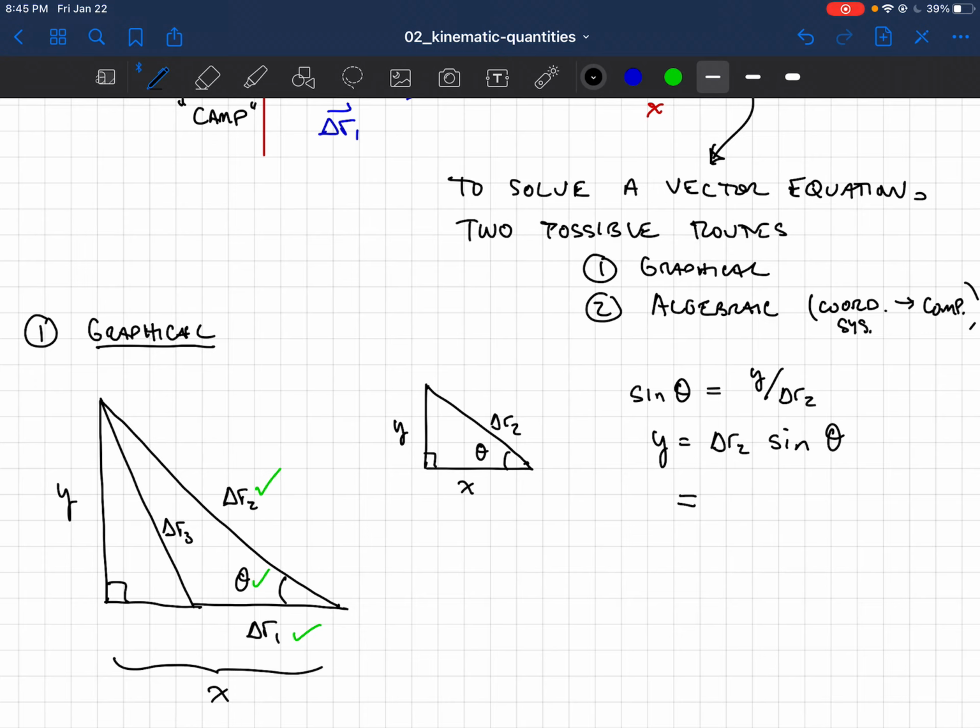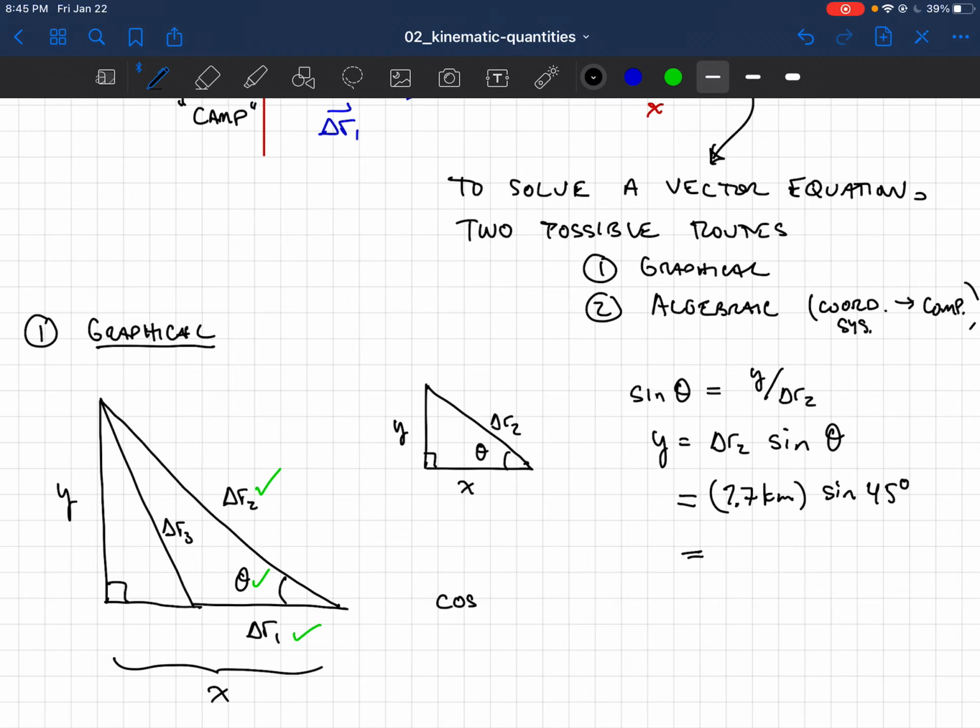So delta R2, we had a number, it was 2.7 kilometers. Sine of theta was sine of 45 degrees. So now we can get a number for y. I think I won't calculate it right now. You can grab that number yourself.